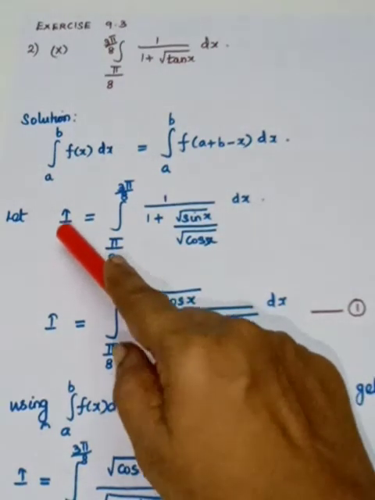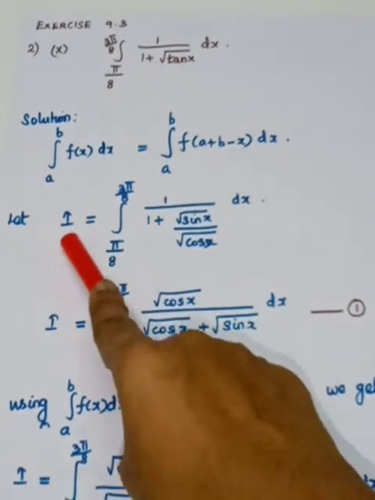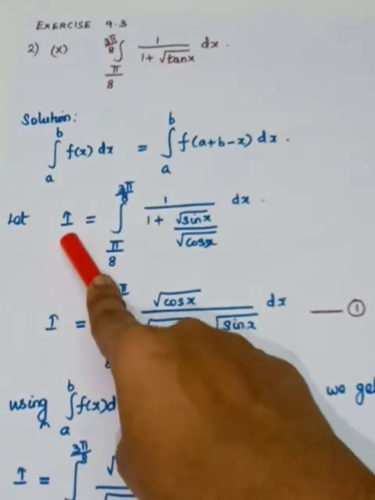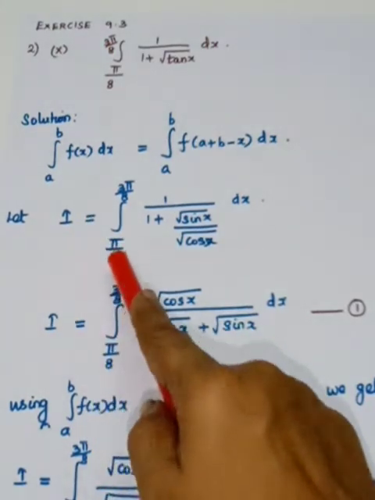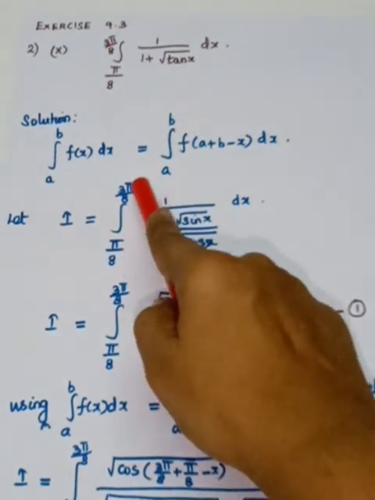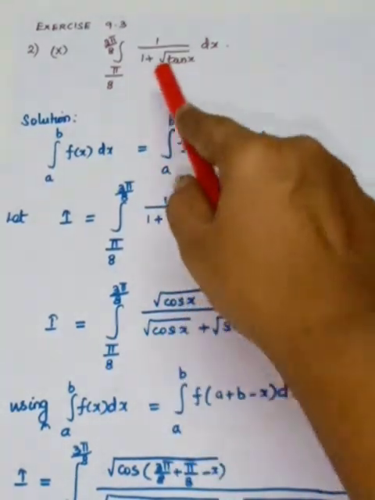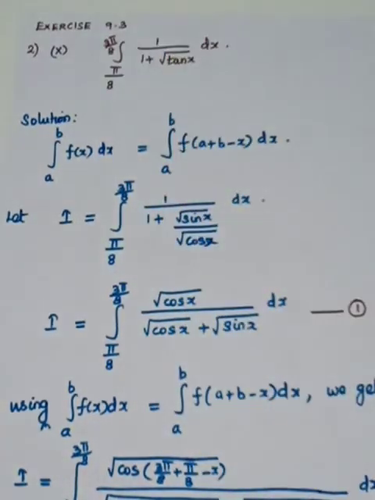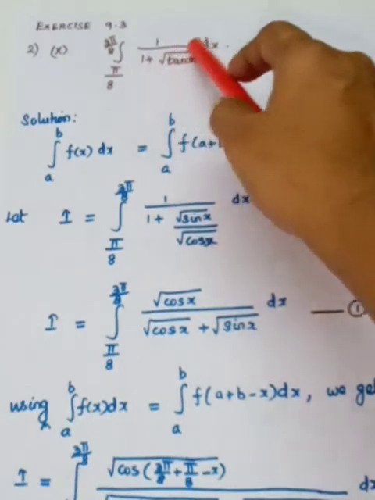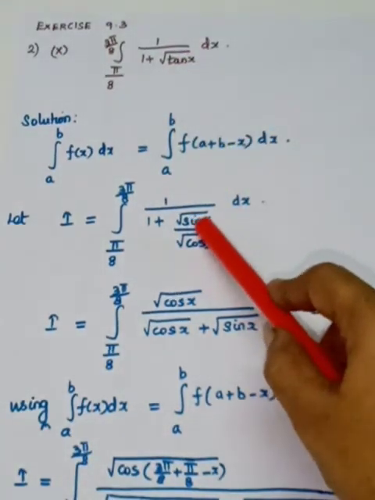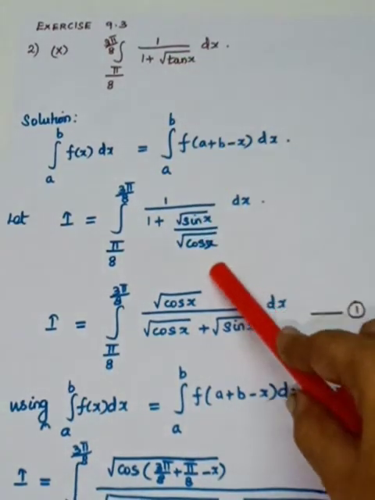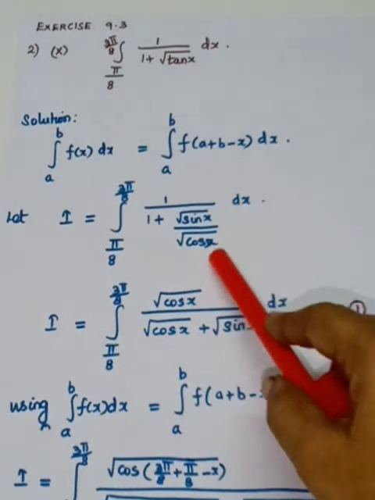You have to call the integral as I. So give a name for the integral, the value of the integral is I. So integral pi by 8 to 3 pi by 8, 1 divided by 1 plus square root of tan x. Tan x can be written as sin x by cos x, and your tan x is within the square root. So this can be written as square root of sin x divided by square root of cos x, and you have to take LCM.